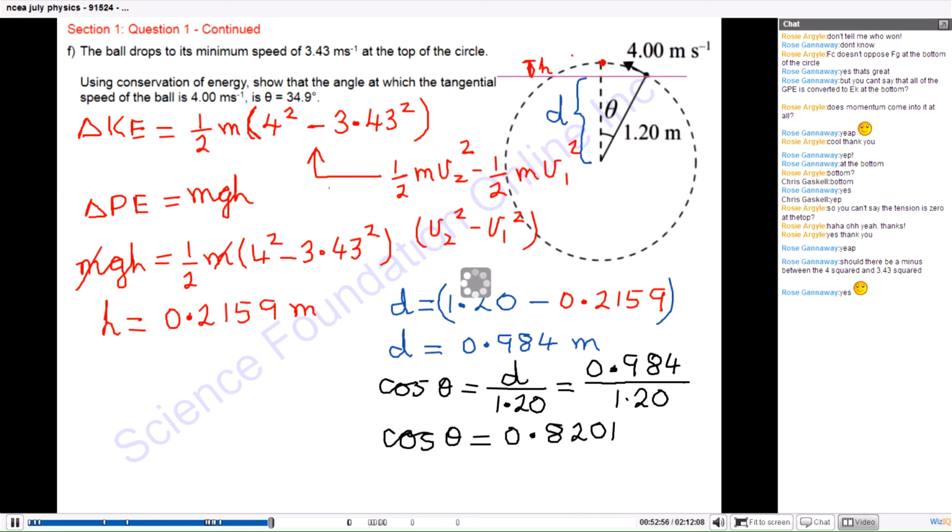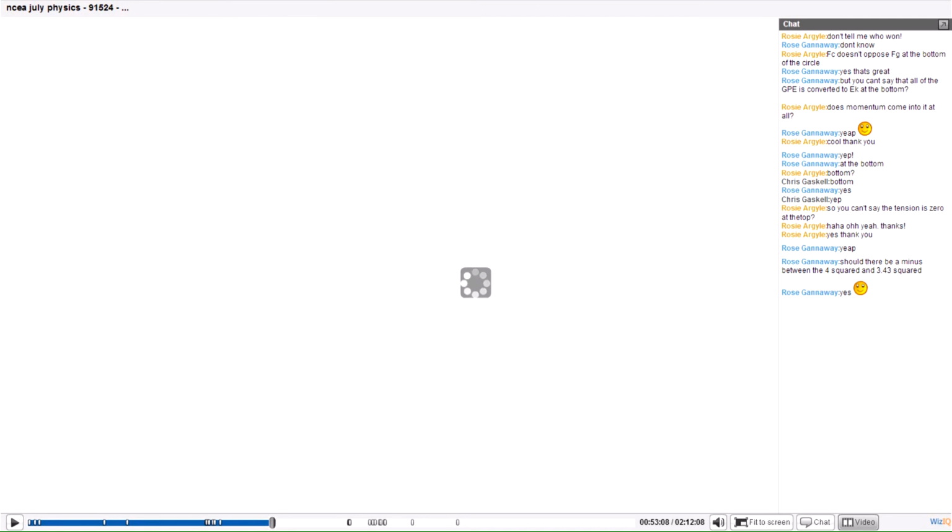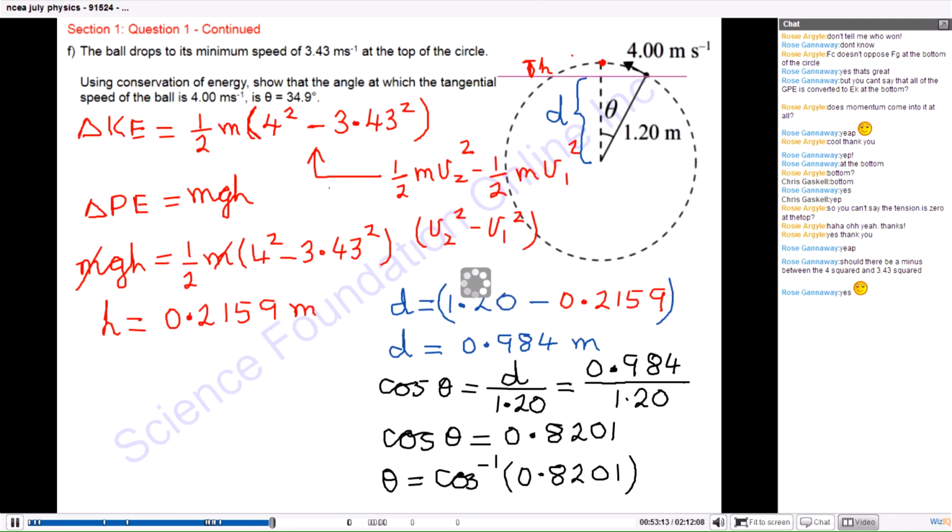Then we get our final answer. Cos inverse of 0.8201 for the angle theta.